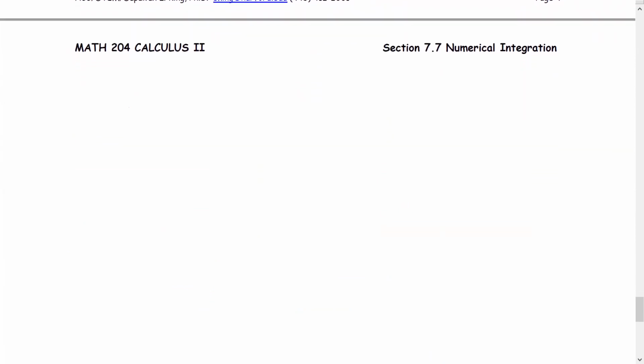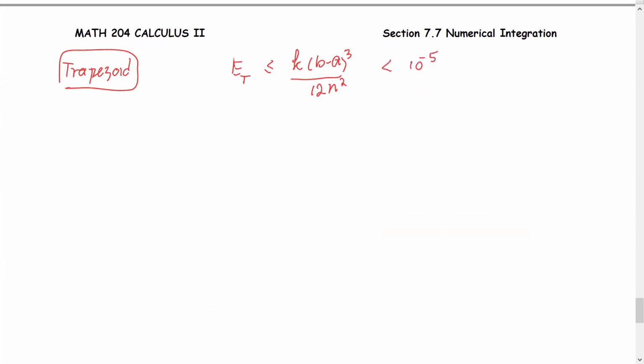Next, we're going to do the trapezoid. For the trapezoid, the error E is less than or equal to the lowercase k times (b minus a) to the power 3 divided by 12 times n squared. So we need the error to be less than 10 to the negative fifth.